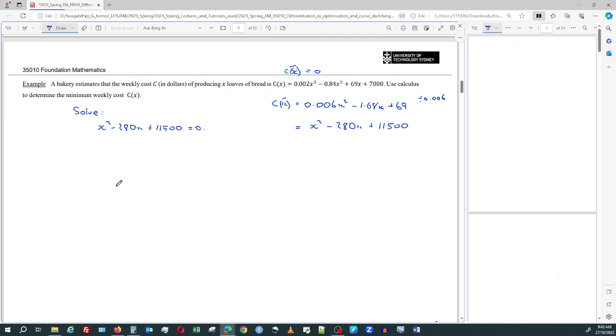Now, it's a quadratic, so the easiest way is probably to use the quadratic formula, where we'll have a plus and minus. So x will be equal to minus b, so be careful, minus minus 280, plus or minus the square root of b squared, which is minus 280 squared.